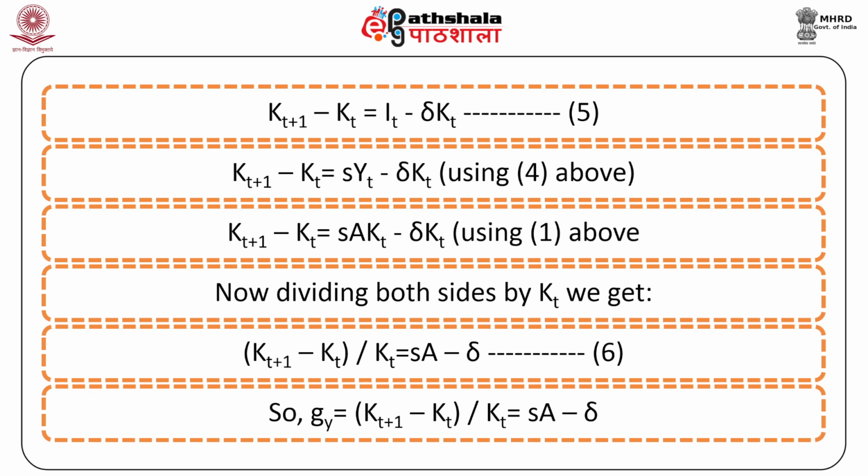There is capital accumulation or addition to the total capital stock. That is, the left hand side of 5 is positive as long as new investment It exceeds depreciated capital stock delta Kt.